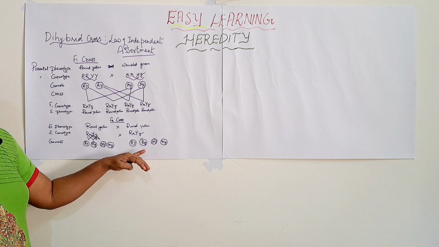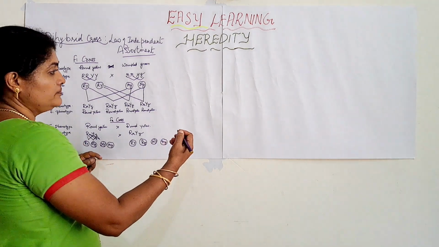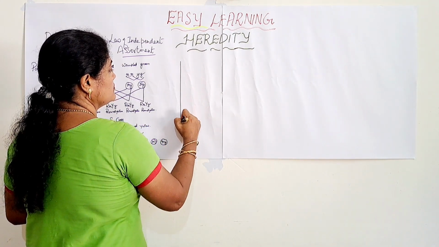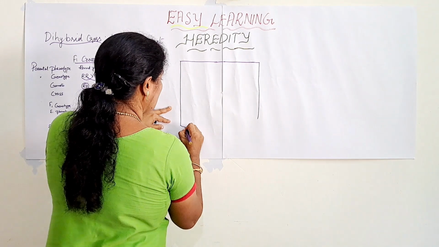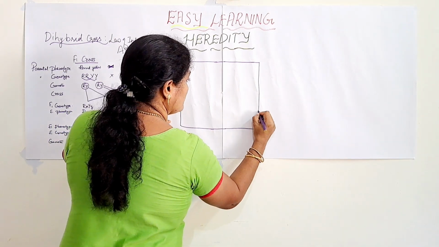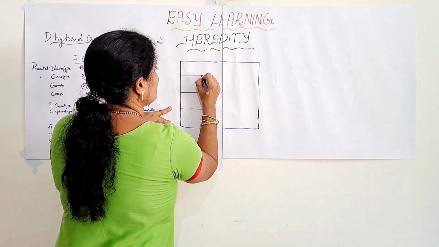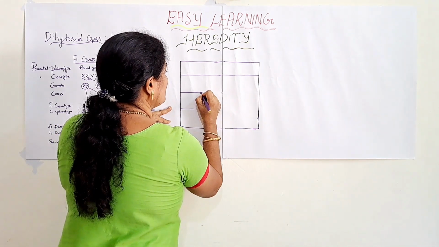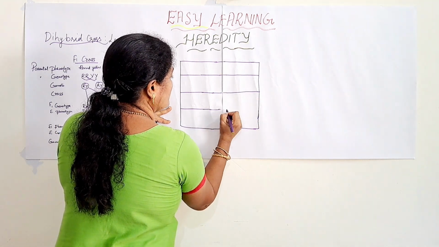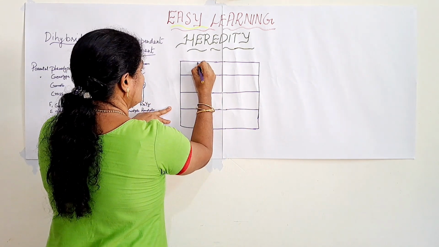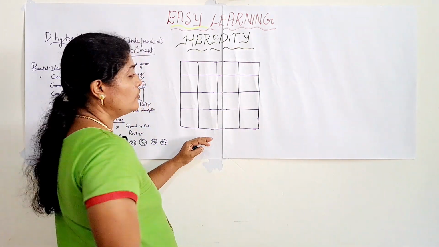So we will draw the Punnett square, and in the Punnett square it will be easy for us to do the crossing. So this is the Punnett square.